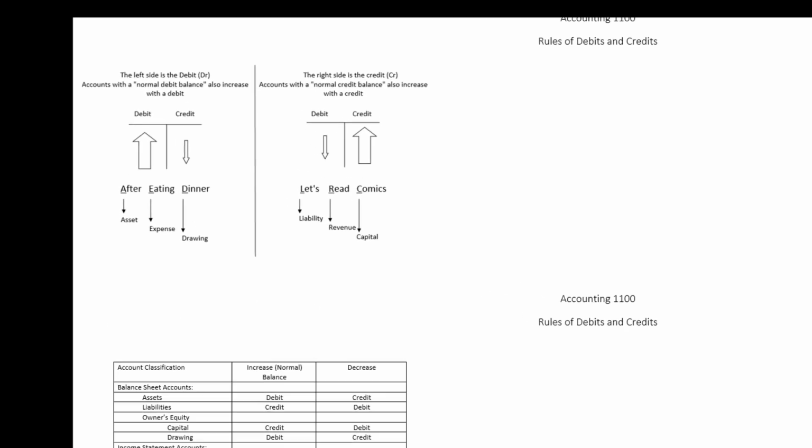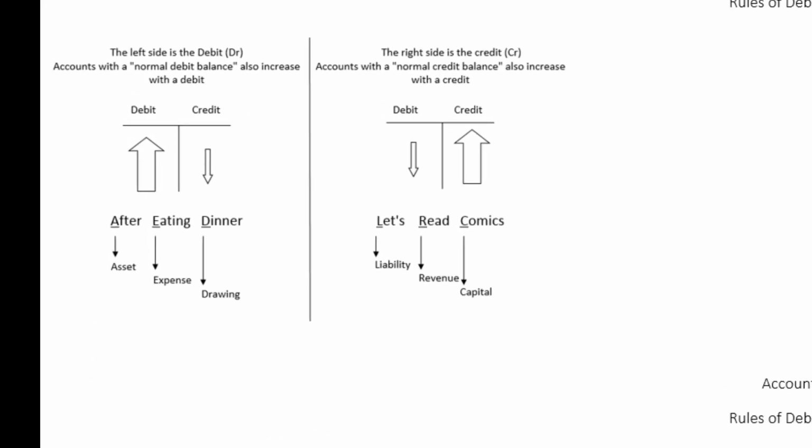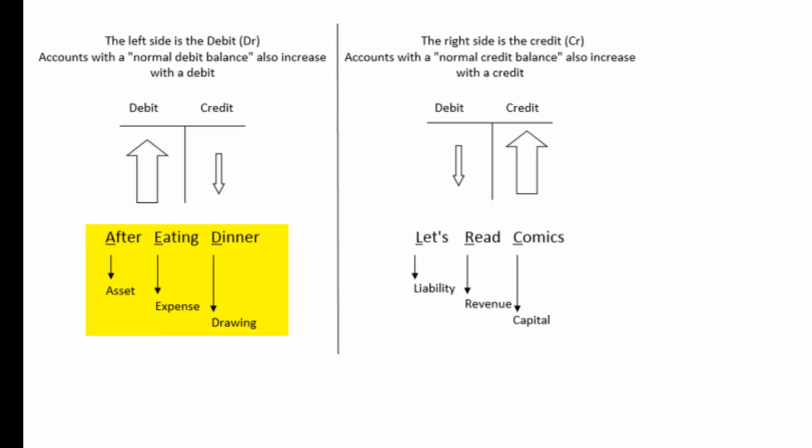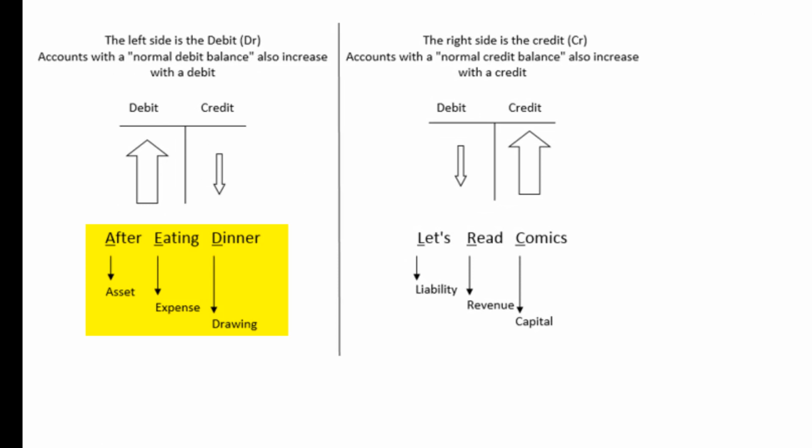To help you, there are cheat sheets available as handouts and could be downloaded on Blackboard under the Chapter Resources folder. The sheet that I find most useful is this one right here. On this one, it says after eating dinner, AED. A for assets, E for expense, D for drawing.